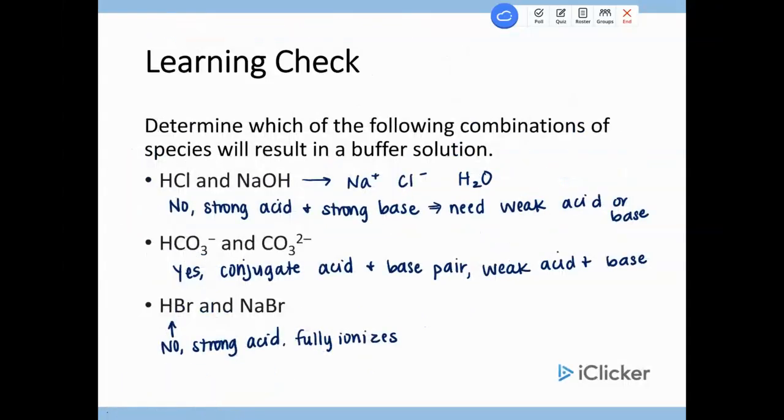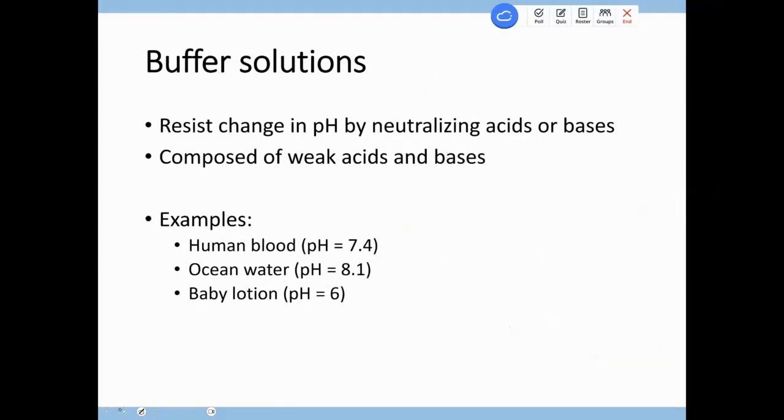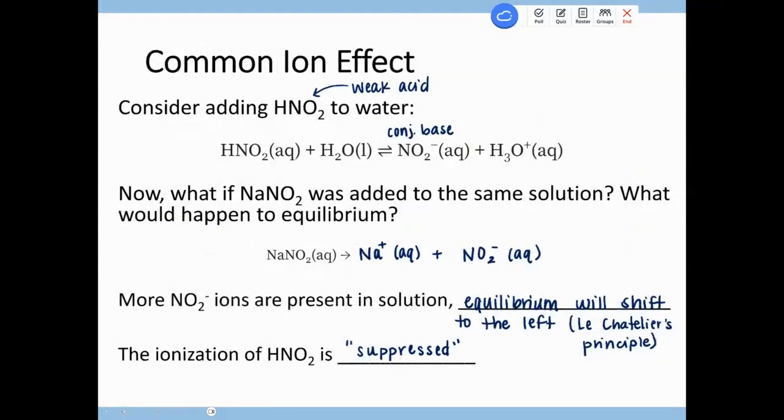So let me go back to some previous slides. That's a good question. We're kind of simplifying it. This is a previous slide where the weak acid is HNO2. If you add HNO2 to water, you get NO2 minus and H3O plus. So NO2 minus is the conjugate base.